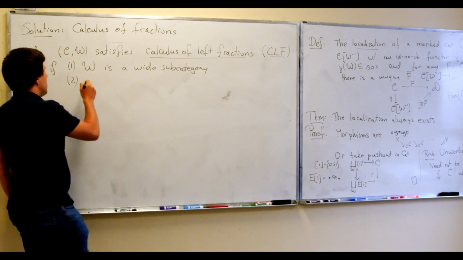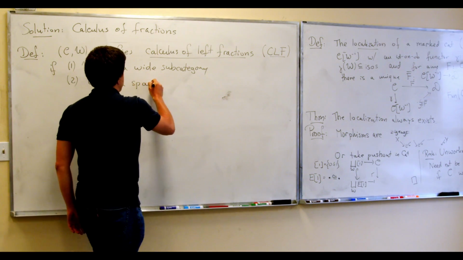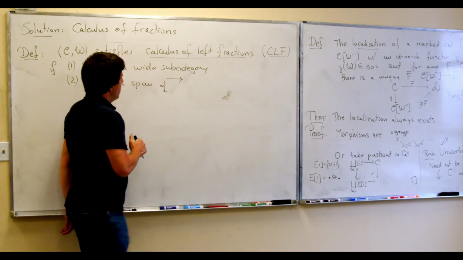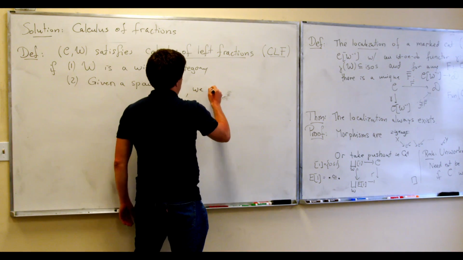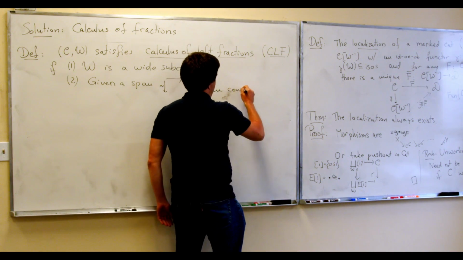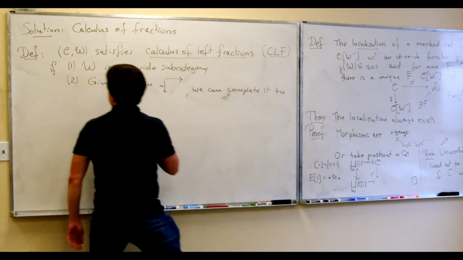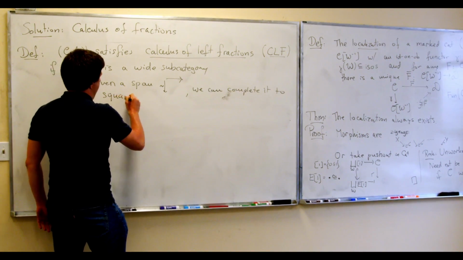Two, given a span of this form, so I have some span in which one leg is a weak equivalence, we can complete it to a square of this form.